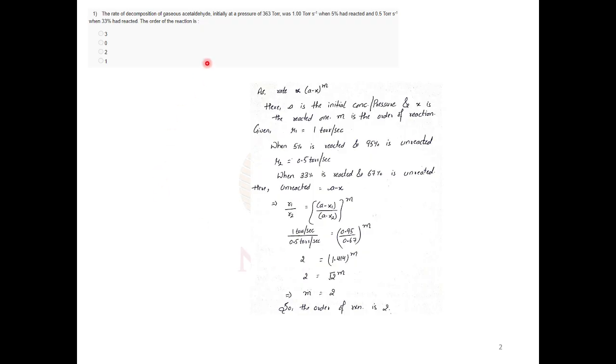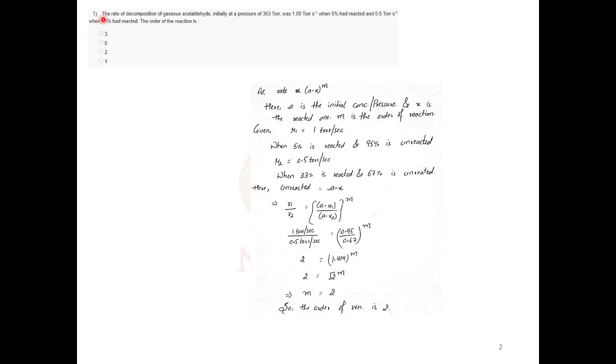For any order of the reaction, first you should know what the rate equation is. The rate equation is written as rate proportional to (a minus x) whole to the power m, because rate is nothing but dc/dt, meaning if it is from the reactant side, the difference in the concentration with respect to time. Rate is proportional to (a minus x) to the power m, where a is the initial concentration, here the pressure, and you need to calculate the final concentration.